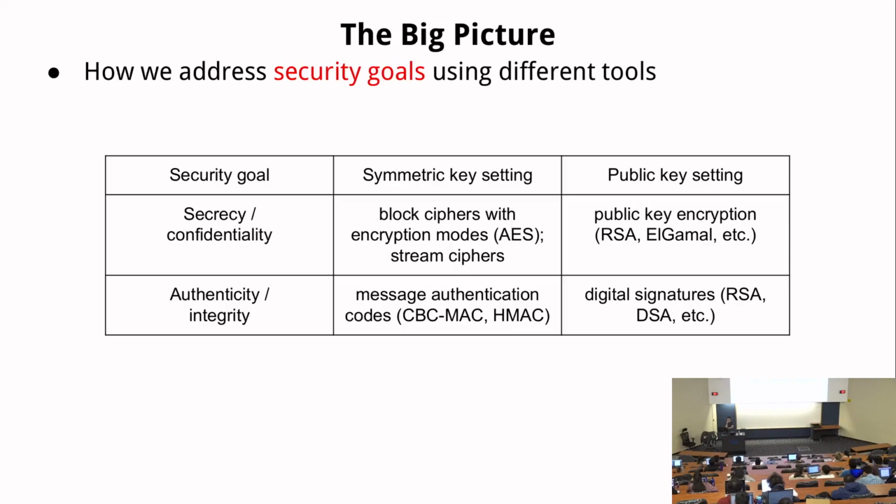For public key systems, we just use a public key to encrypt. However, because public key is very slow, we only use it to encrypt smaller things, like the secret key of the AES. For authenticity, for symmetric systems, we can build a MAC on top of that. We can also build a hash MAC, HMAC, on top of that.